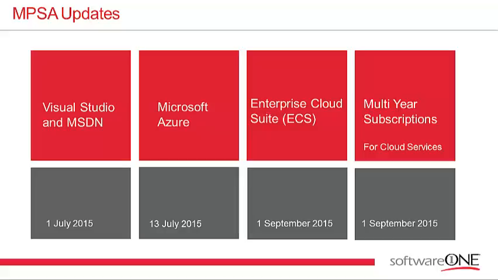monthly locked-in pricing. So as of right now, on both the Enterprise Agreement and the MPSA Agreement, your minimum term for a subscription product, for example, E3, you're paying for it annually. At your year anniversary, you're able to lower the count, make changes, but that's the minimum right now.